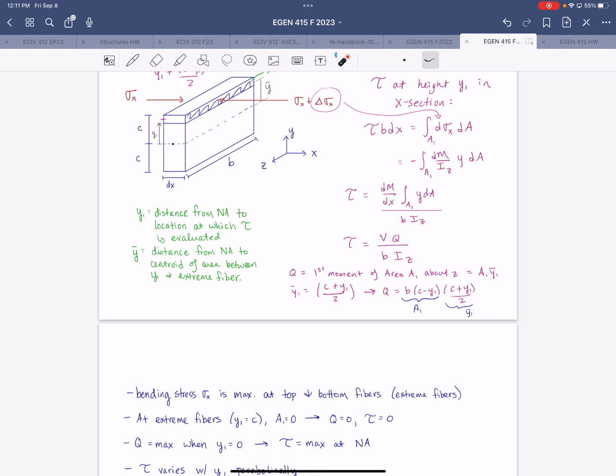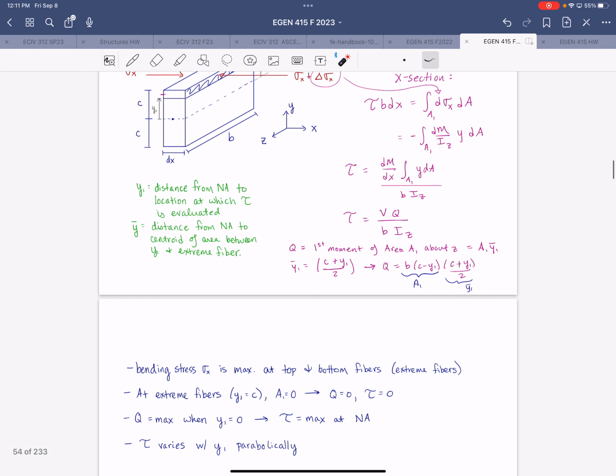And if you're considering positions below the neutral axis, for this point for example, you would consider the area below that point to the extreme fibers. So the closer you get to the extreme fibers, the smaller that area gets, and once you're at the extreme fiber, A is equal to 0. So if A is equal to 0, it follows that Q is equal to 0, and then it follows that shear stress is equal to 0.